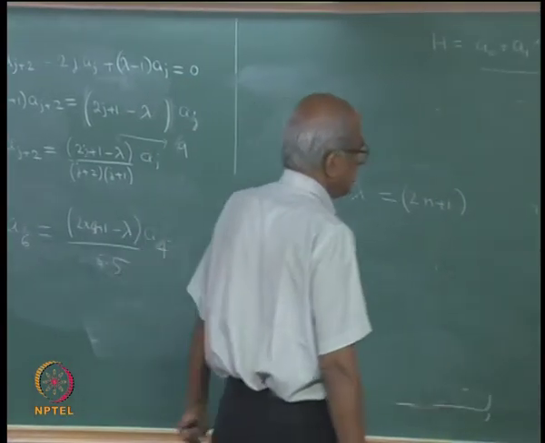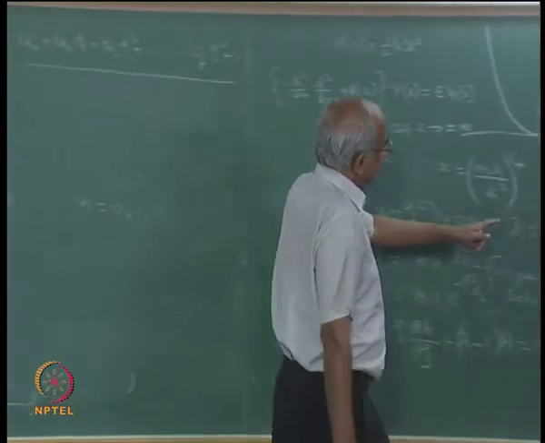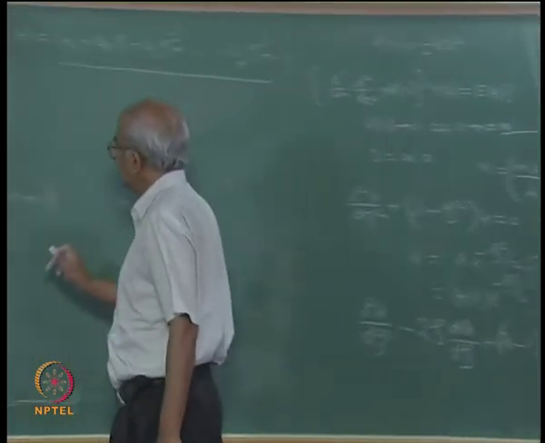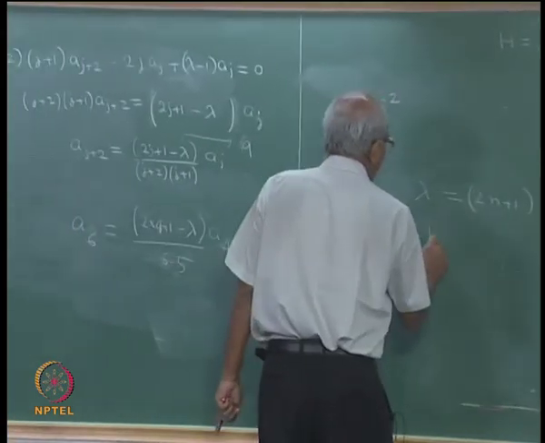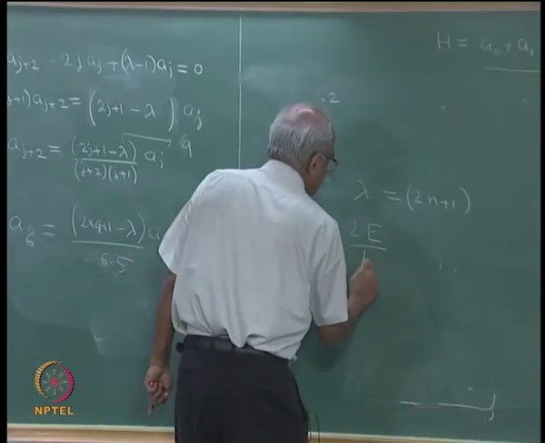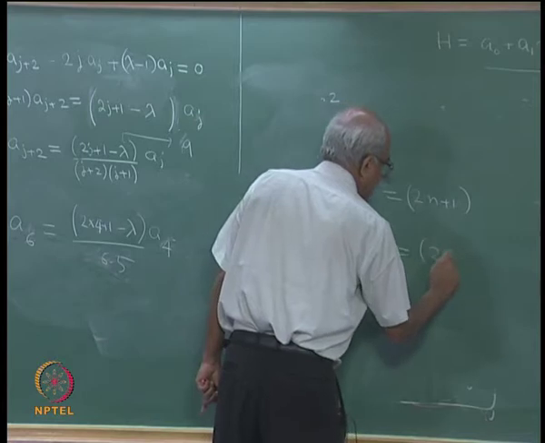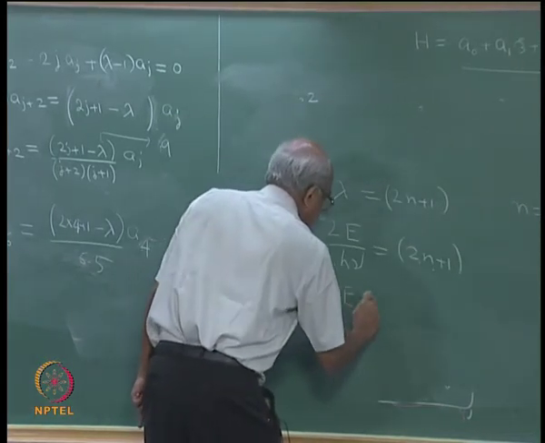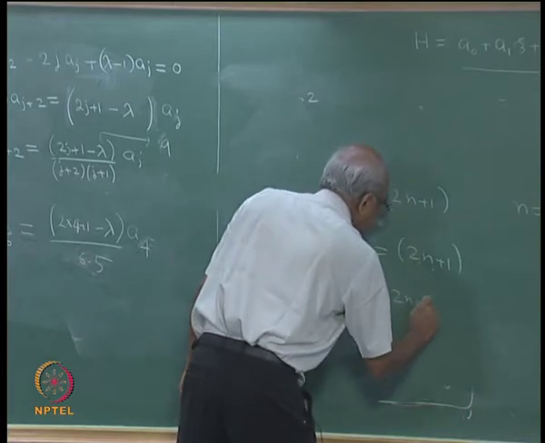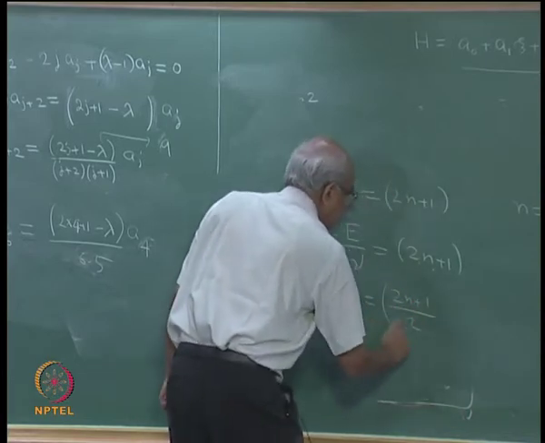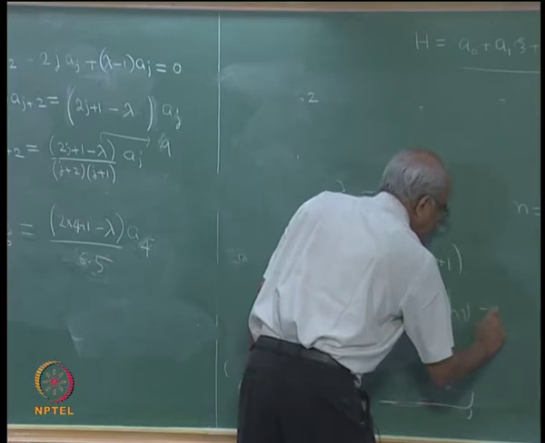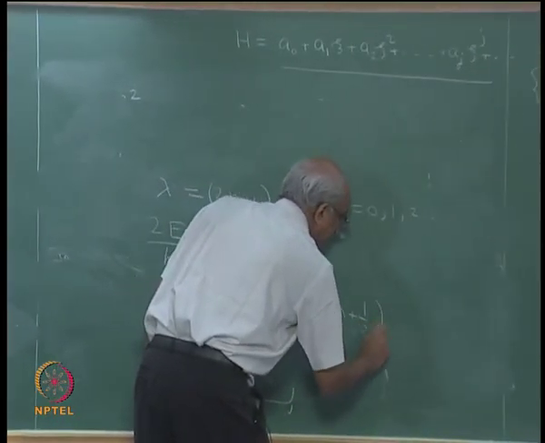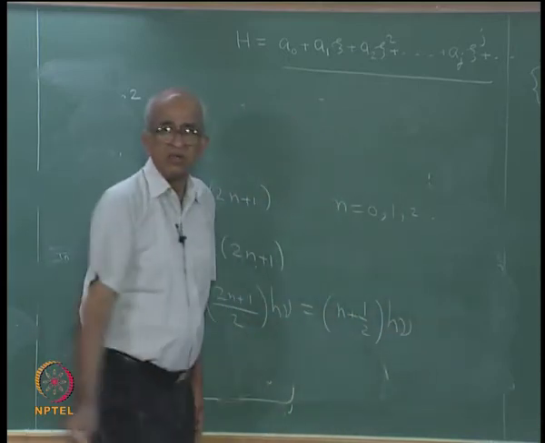And what does it mean in terms of energy? Lambda is related to the energy by this relationship. So, 2E divided by h nu must be equal to 2n plus 1, or that means E must be equal to (2n plus 1) divided by 2 times h nu, or that means E must be equal to (n plus half) h nu.